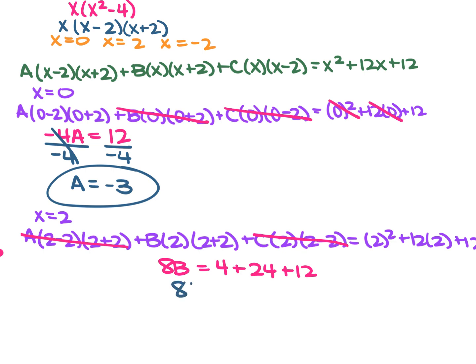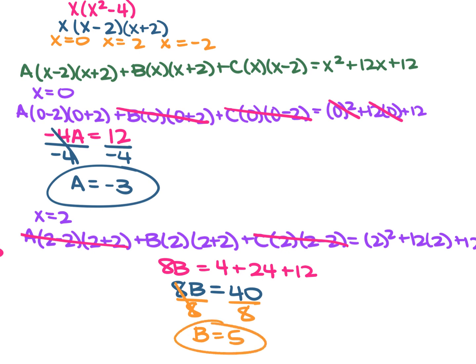This simplifies to give you 8b is equal to 28 plus 12, which is 40. So from here, divide each side by the 8, and that gives you that b is 5.